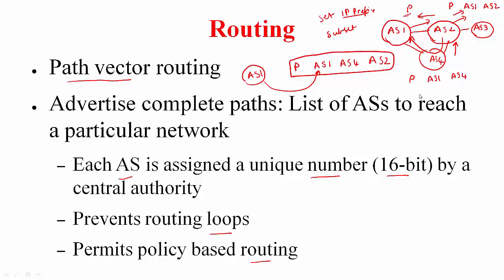For example, if AS1 saw two paths, one let's say via AS2, AS3 to some destination D, and another via AS2, AS4, AS5 to the same destination D, and if AS3 were its competitor and it doesn't want to send traffic through it, even though this is relatively short, you don't really know because you don't know how many internal routers it is passing through, it will not select this path, it will select this path.